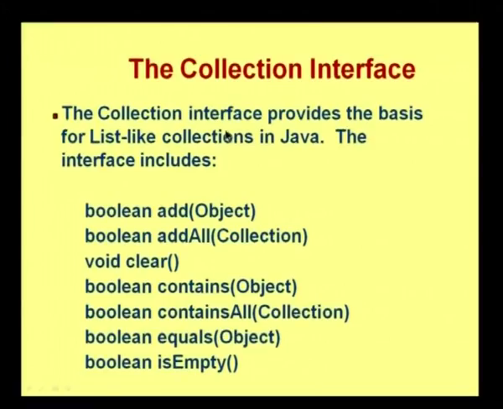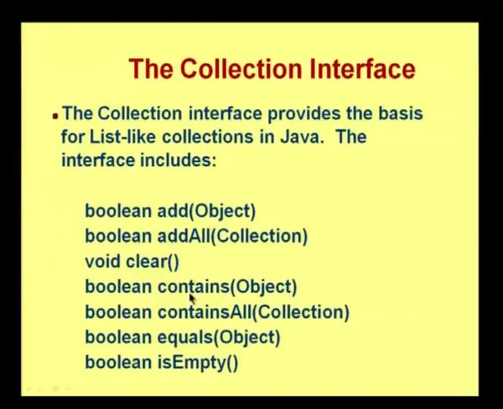You can see here the collection interface provides the basics for list-like collections in Java. The interface includes the add method, so I am adding an object. I can add any object into my collection. Then I have addAll, which adds a collection of objects, not one single object. Next, I can clear my collection.